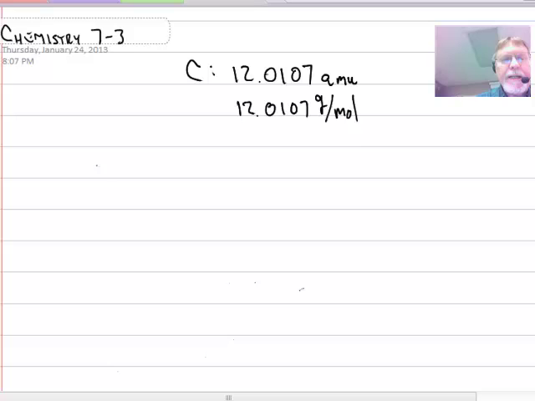If we take a look at a simple compound, methane. Now, methane is a molecular compound. It forms molecules. 1 molecule of methane consists of 1 carbon atom and 4 hydrogen atoms. And so by simply adding those masses together, we can get the formula mass for methane.